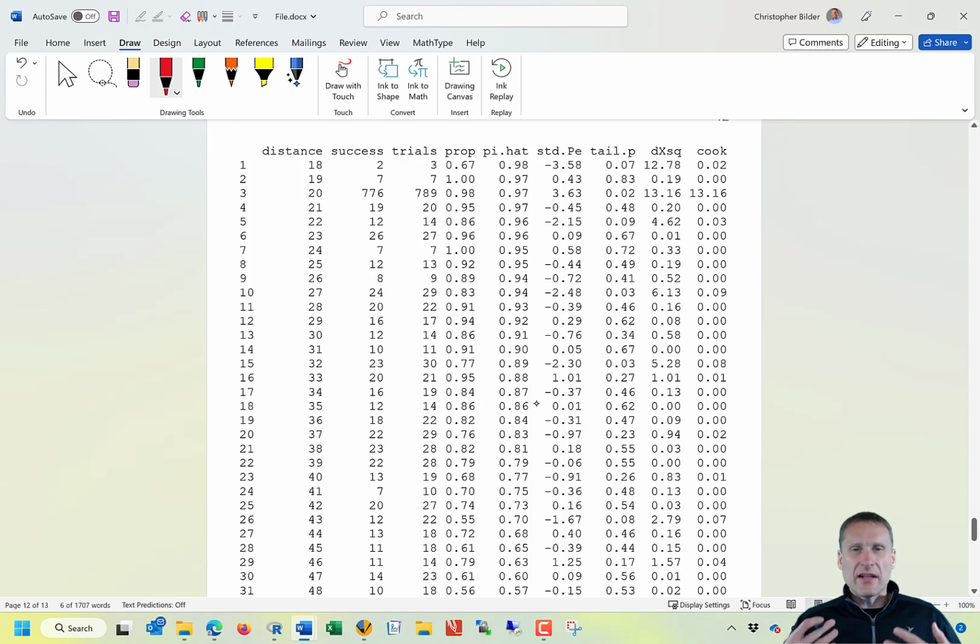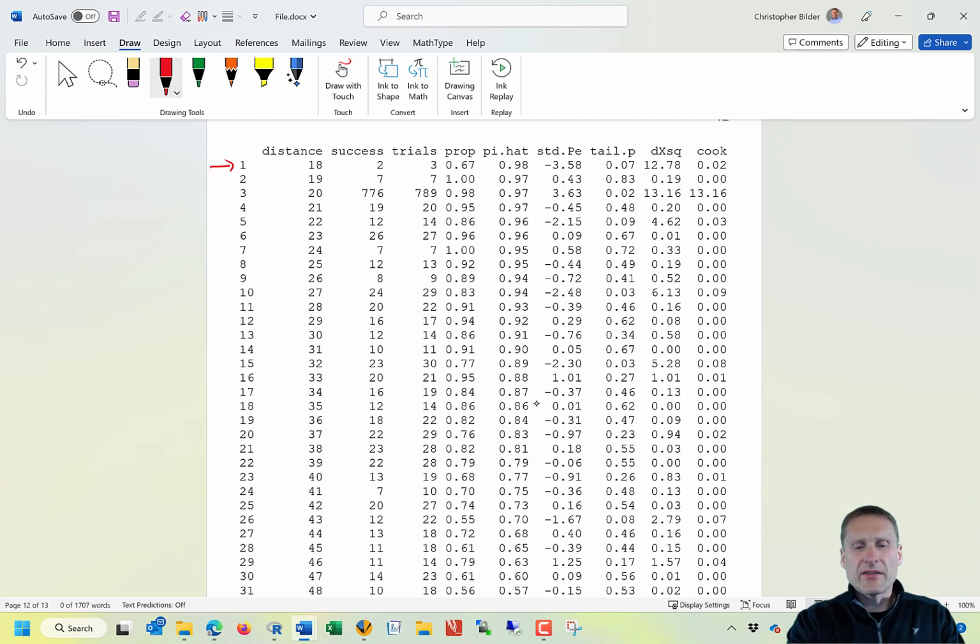Now, if you have a lot of observations, you wouldn't necessarily want to do this. You would want to limit those values being printed to just those that have, let's say, a large delta x squared, for example. If you're unsure exactly how to do that, let me know, and I can give you some help if you're in my class. But let's once again take a look at some stuff, and a lot of this will be similar to what we've seen before.